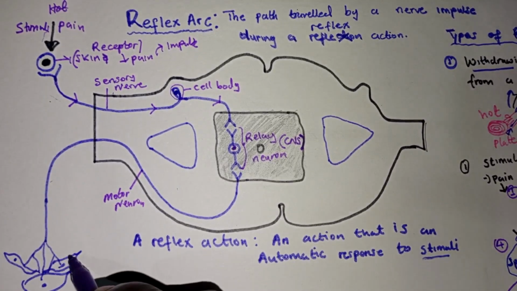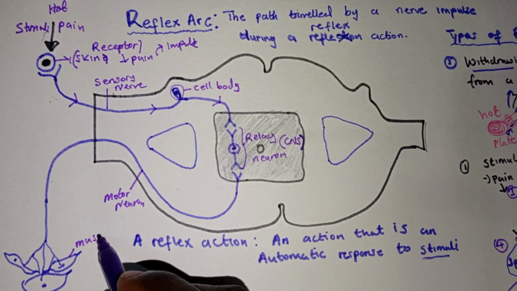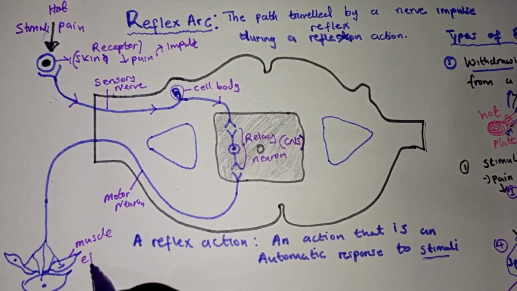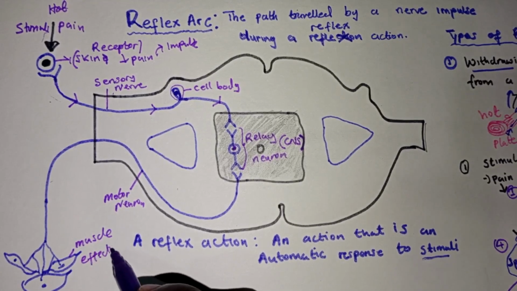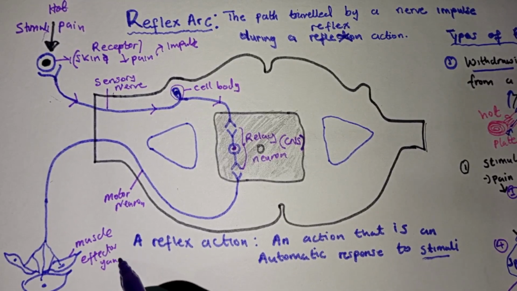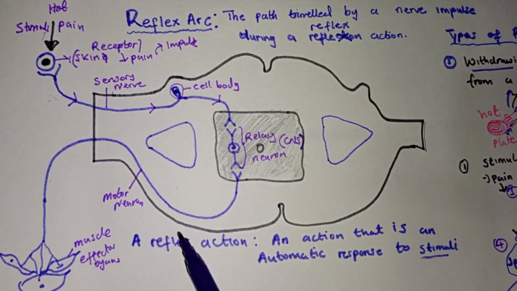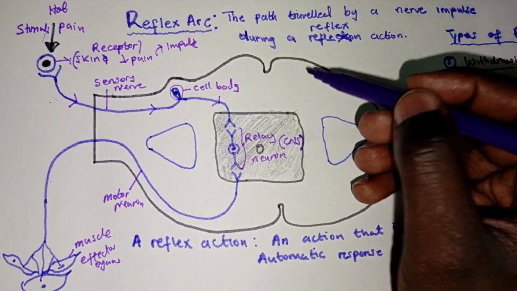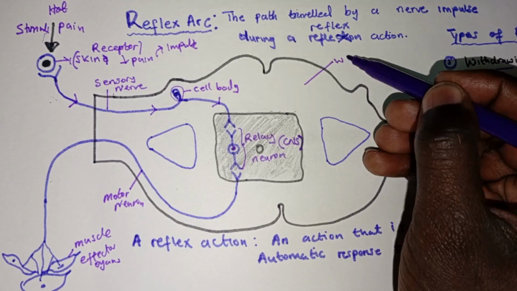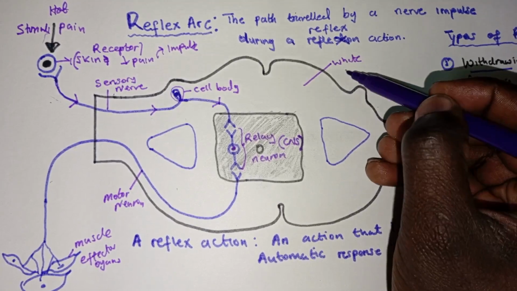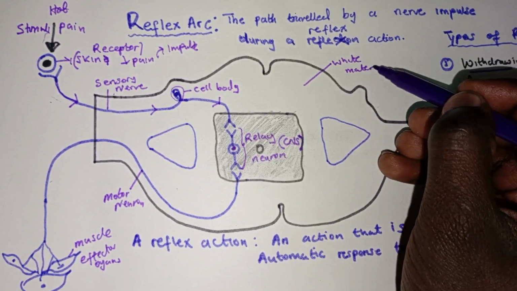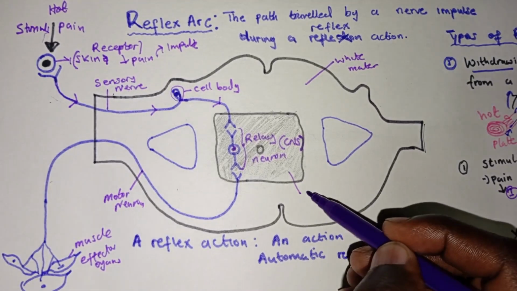Then these are the muscles, the effector organs, and this is the path that it's going to take. Now this is white matter, and this is the gray matter.